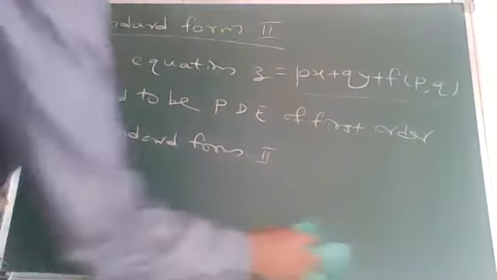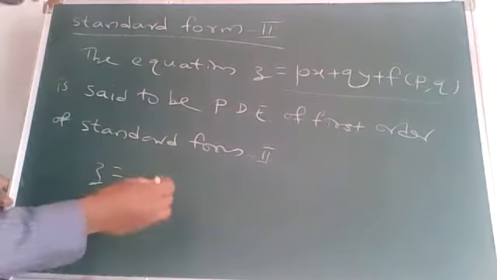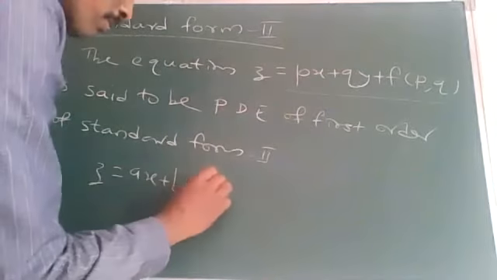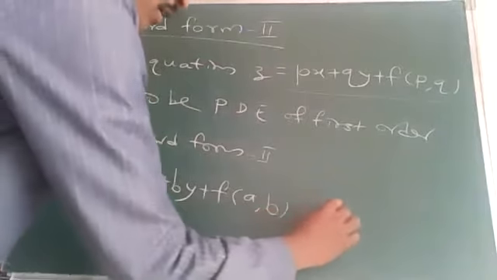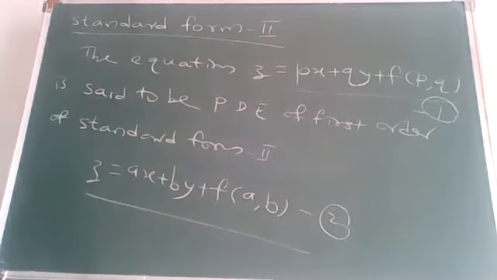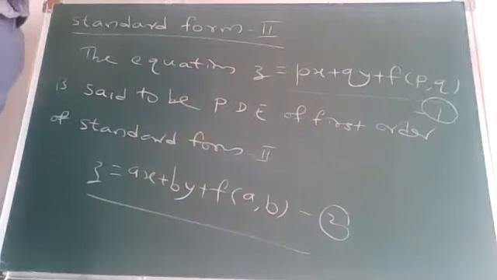And the complete integral of standard form second is very easy. Here you can take z is equal to ax plus by plus f of ab. This is equation 1, the given equation, and the complete integral is of the form ax plus by plus f of ab. There are only two arbitrary constants, so it is not necessary to put b in the form of a function of a. Keep in mind, in standard form first, there are two arbitrary constants in the complete integral.